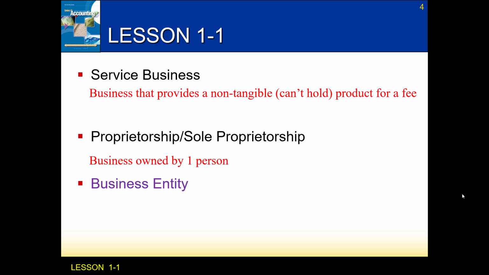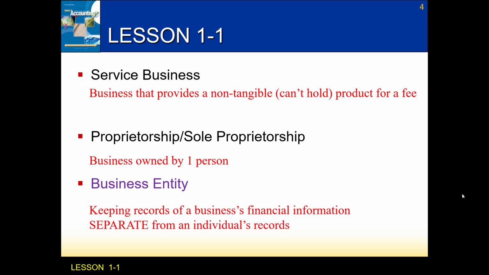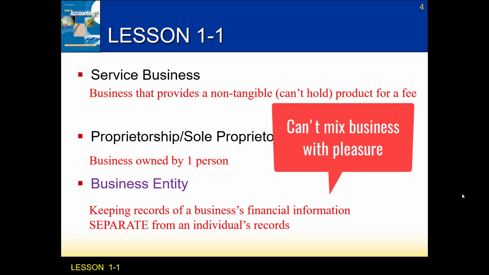Now, the last important vocabulary word when we talk about accounting is that our service business is what's considered a business entity. And in accounting, we have to live by this rule. The business entity rule or concept is that we need to keep records of our business's financial information separate from our individual records.